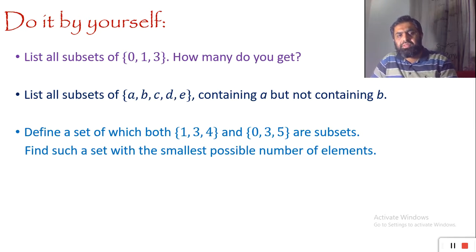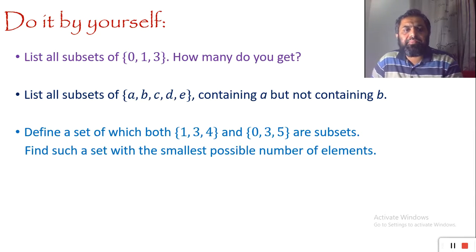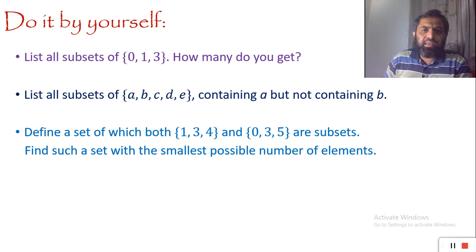So the number of subsets remains the same, 8. CDE are our free elements which we can choose freely, and we place A in every subset.